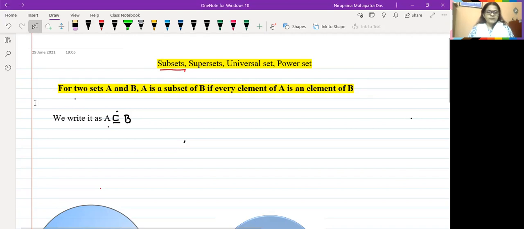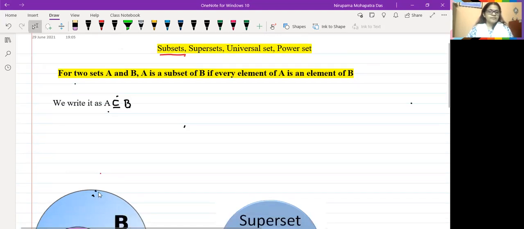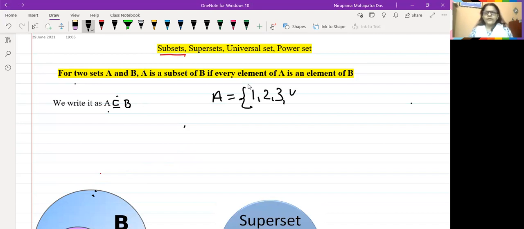Now, if you want to see how subsets look, let me show you. For example, suppose set A has elements 1, 2, 3, 4.